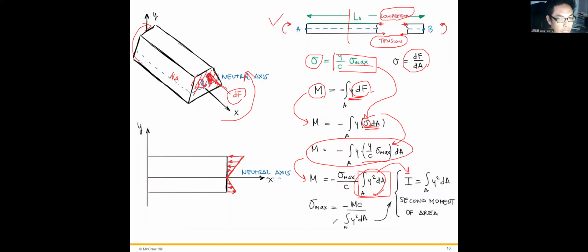Therefore the maximum stress equals minus Mc over I. C is the distance from the neutral axis, right? Mc over the second moment of area.